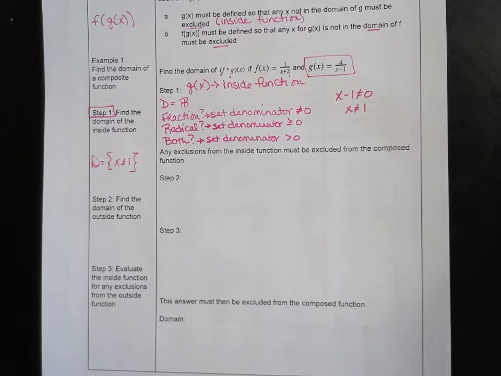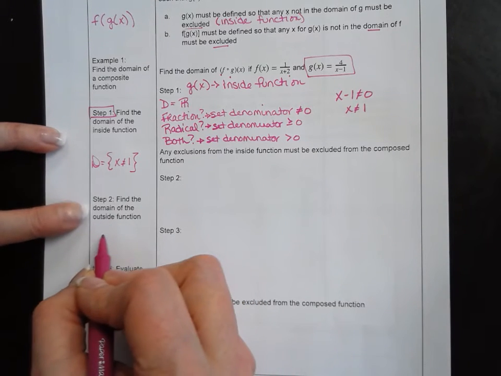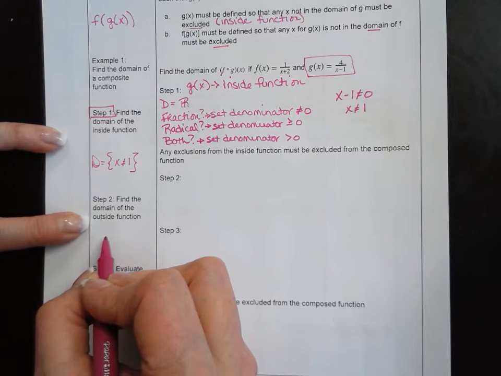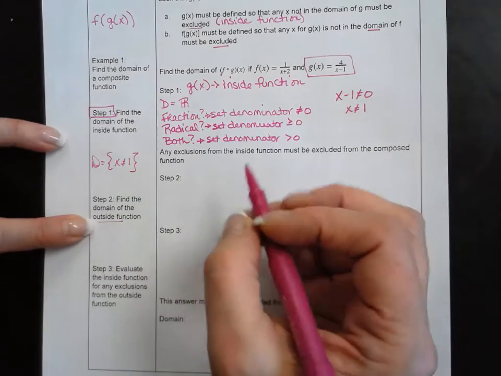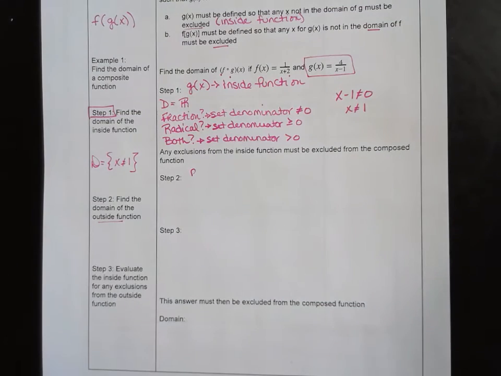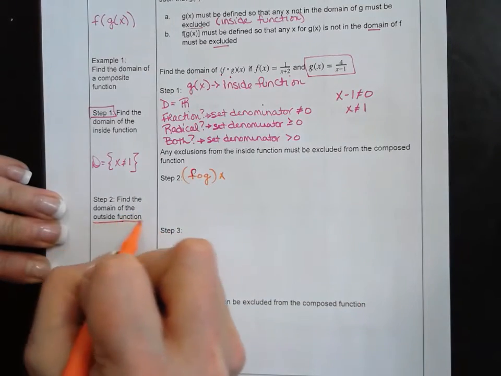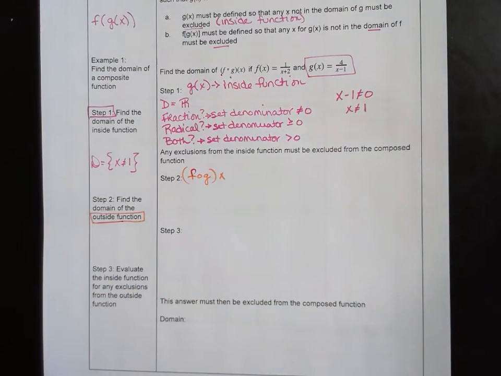Okay. Now, we need to find the domain from the outside function. Okay? So the outside function means that we have to do the actual f of g. Okay?